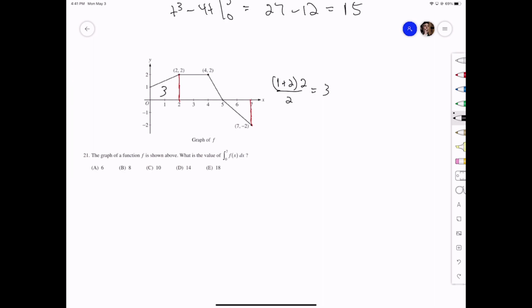The area of the second trapezoid is 2 plus 3 times 2 divided by 2, which is 5. And the area of this triangle is 2 times 2 divided by 2, which is 2. So it's 8 minus 2, which is 6.